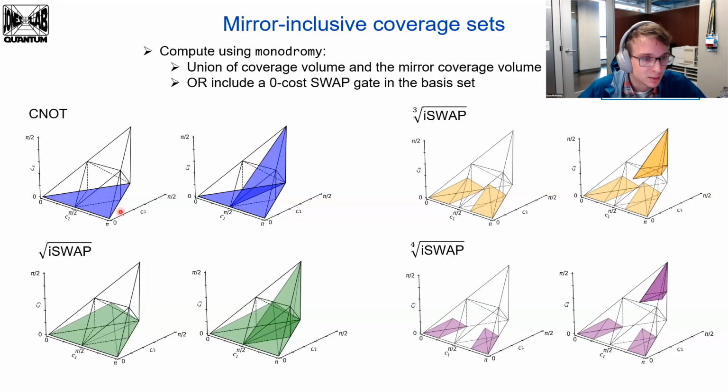But the mirror polytope, although it didn't add any volume, would decrease the average distance to the polytope, which means that CNOT mirroring doesn't improve the hash score, but CNOT mirroring and approximations does improve the hash score, because the additional non-zero plane would decrease your distance. I now have access to a closer region of the polytope I could approximate into.